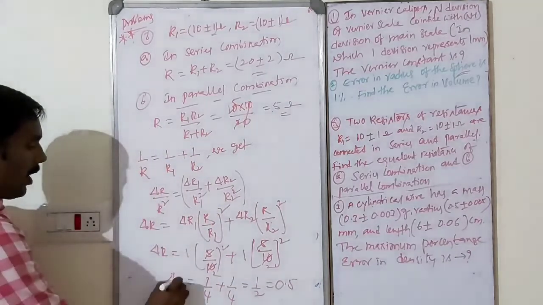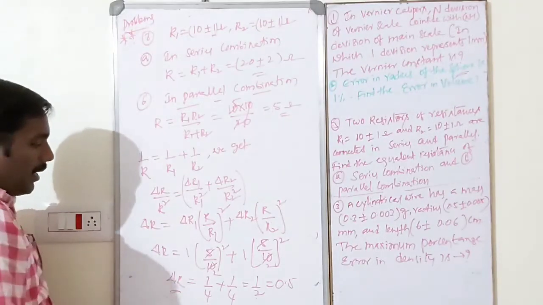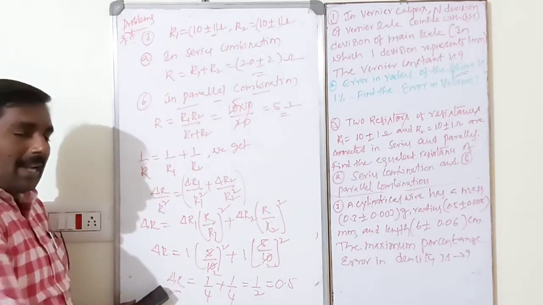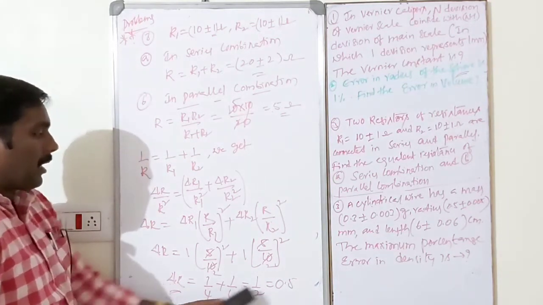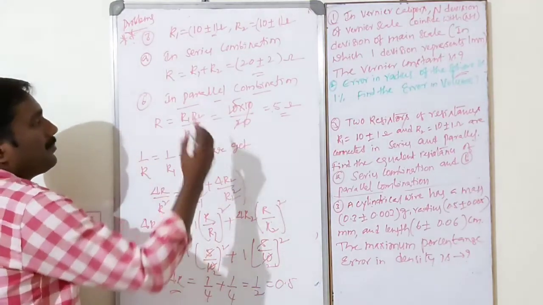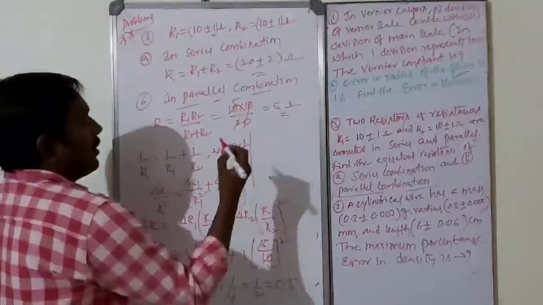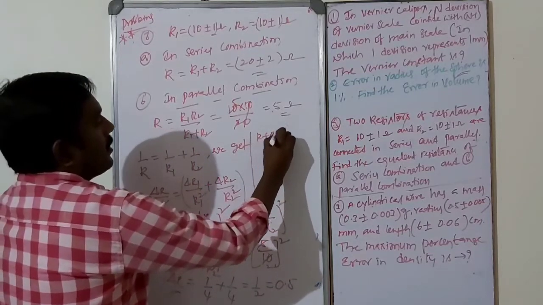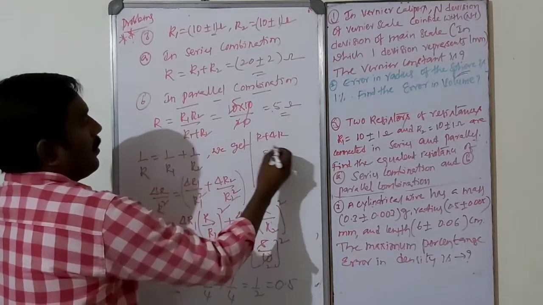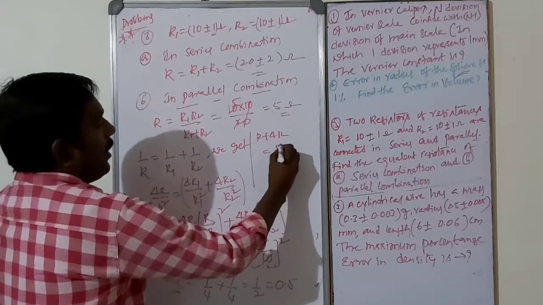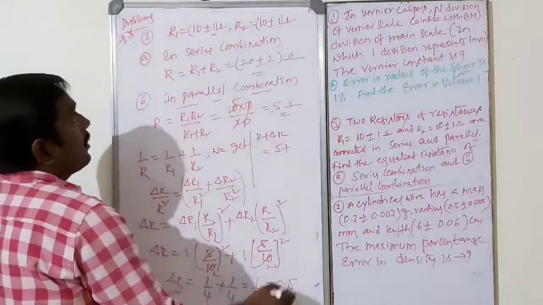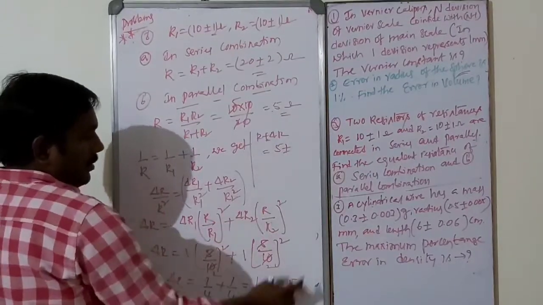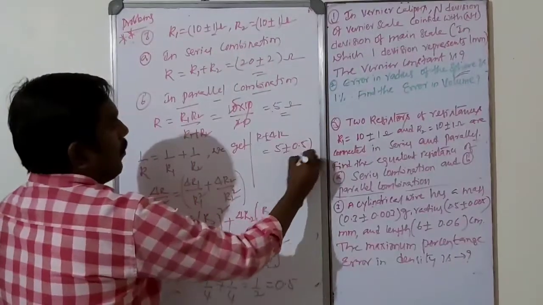This is delta R. So delta R is the effective error in parallel combination. Then the final answer is R plus or minus delta R. What is the value of R? 5, plus or minus 0.5 ohm.